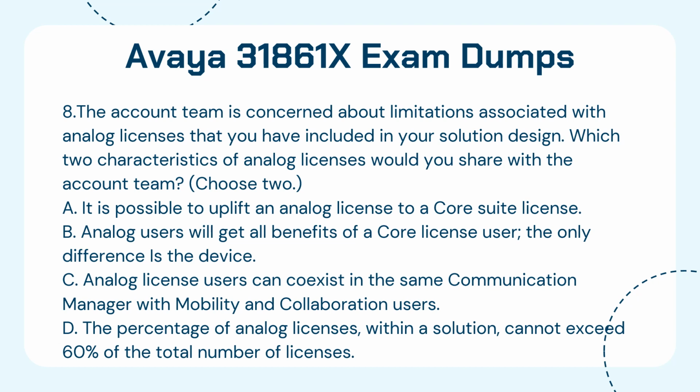B. Analog users will get all benefits of a core license user. The only difference is the device. C. Analog license users can coexist in the same communication manager with mobility and collaboration users. D. The percentage of analog licenses, within a solution, cannot exceed 60% of the total number of licenses.